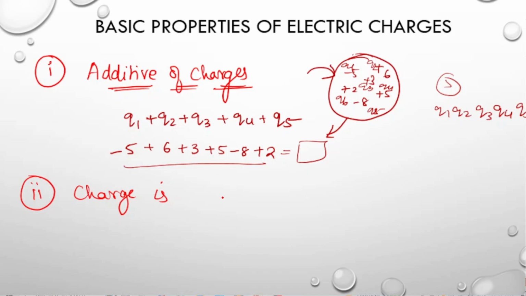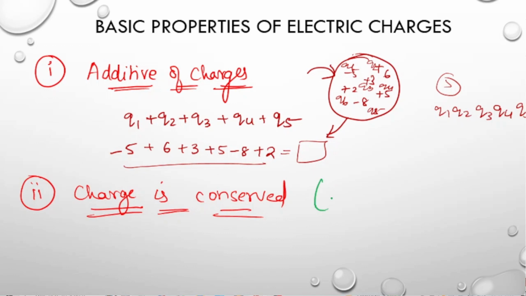What do you mean by charge is conserved? We have already studied in our lower classes that charge can be neither created nor destroyed. So that means it will only get conserved. It can change from one form to another form.